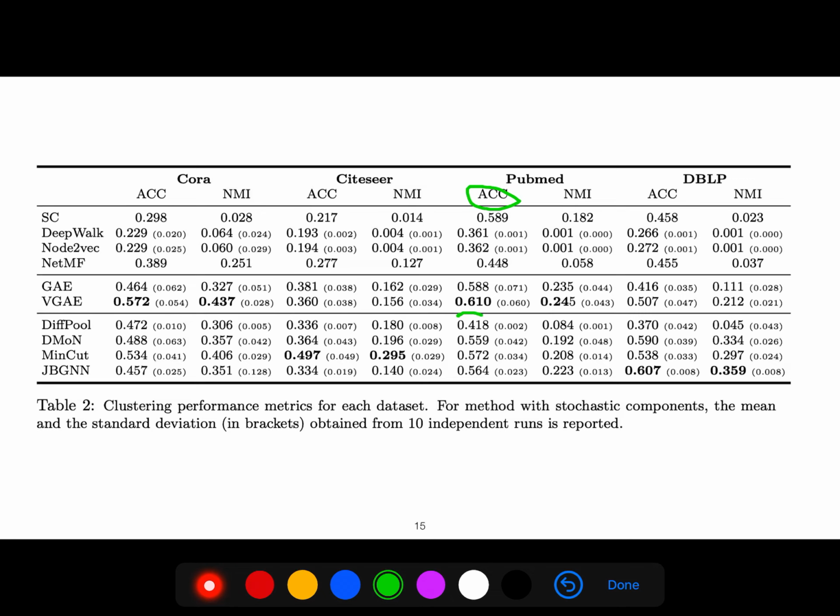But for MinCut, now it is even better than DMoN. DMoN criticized them in one paper. Now they have slightly better performance. Even for other datasets, we see some improvement from DMoN to MinCut.